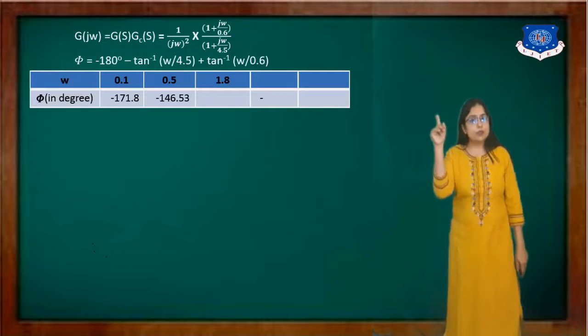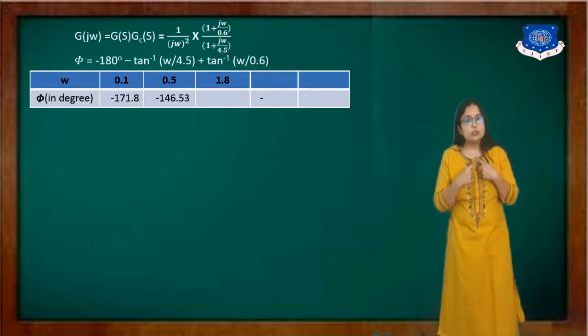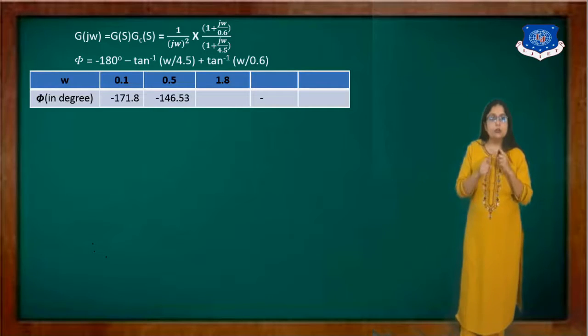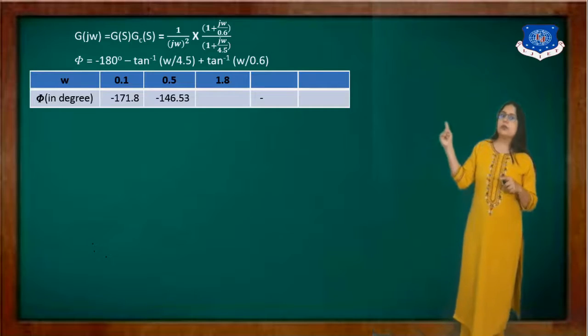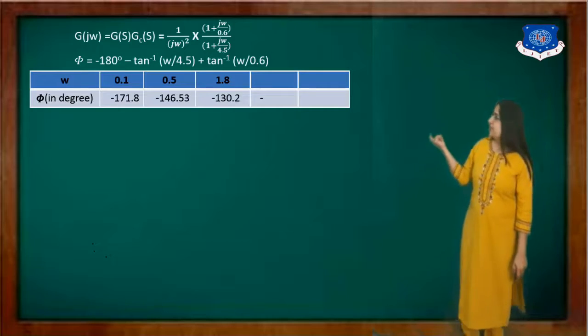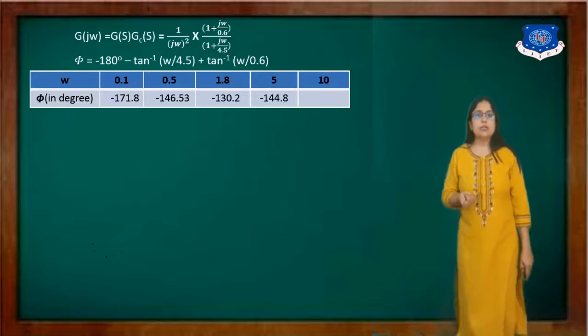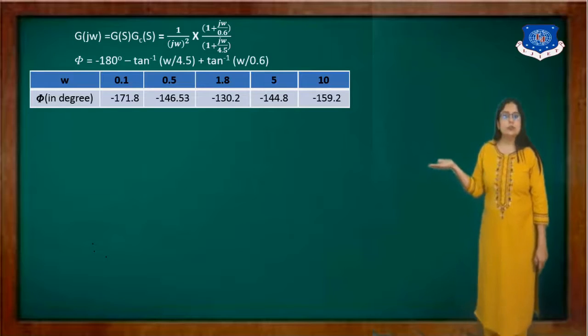Because remember this is my omega m, the gain crossover frequency for the compensated system Bode plot. Remember this thing, always you have to add one reading of omega m. In my case, that is 1.8. So that is minus 130.2. Then 5, this is minus 144.8, and then 10, it is minus 159.2.